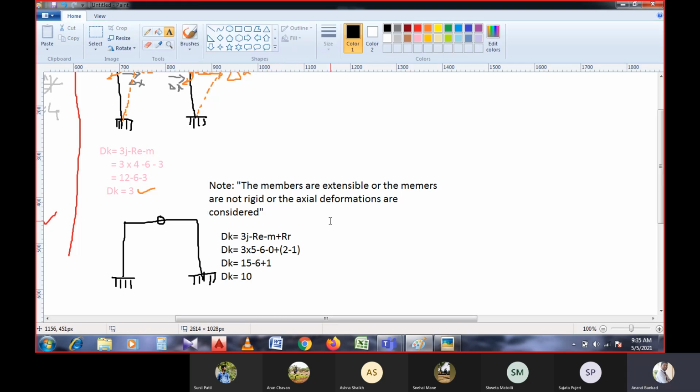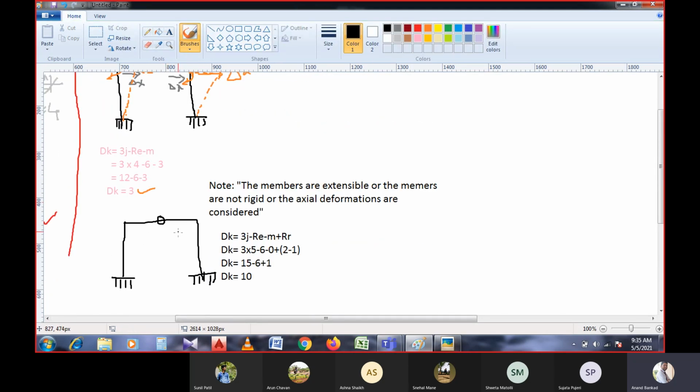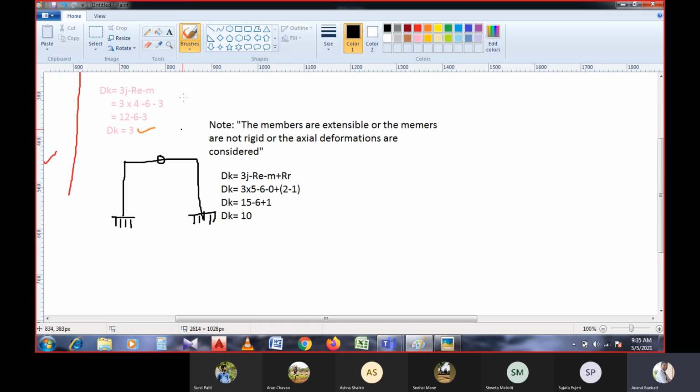At the same time, if the particular structure is provided as rigid, that means the member value will be considered. The value of m will be considered. So if the structure is provided as rigid, what could be the value of DK now?